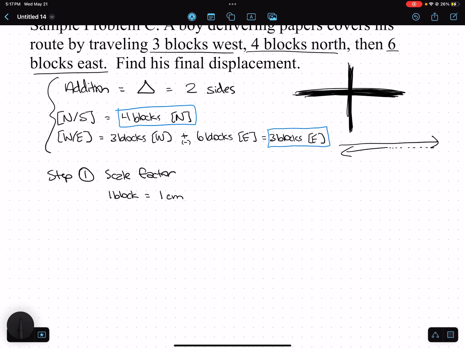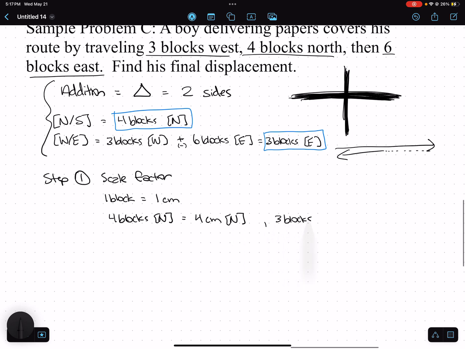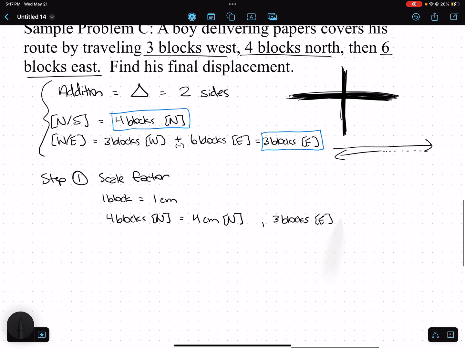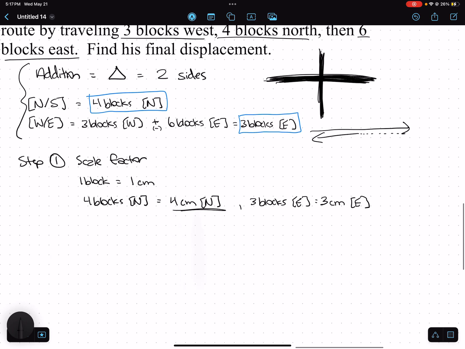Okay, and so that means that our 4 blocks north is going to turn to 4 centimeters north. And our 3 blocks east is going to turn to 3 centimeters east. So these are going to be my 2 vectors I am going to draw.